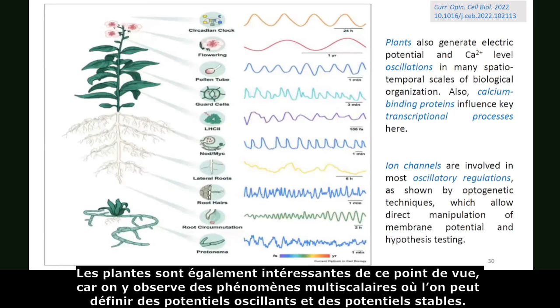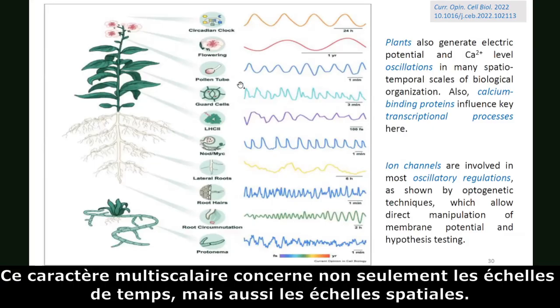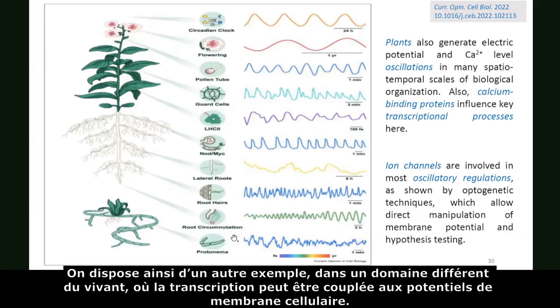Plants are also interesting from the point of view that you can find multi-scale phenomena where oscillatory and stable potentials can be defined. And this multi-scale phenomenon is multi-scale not only in terms of time, but also in terms of spatial scales. So again, we have another example where a transcription can be coupled to cell membrane potentials in a different part of nature.